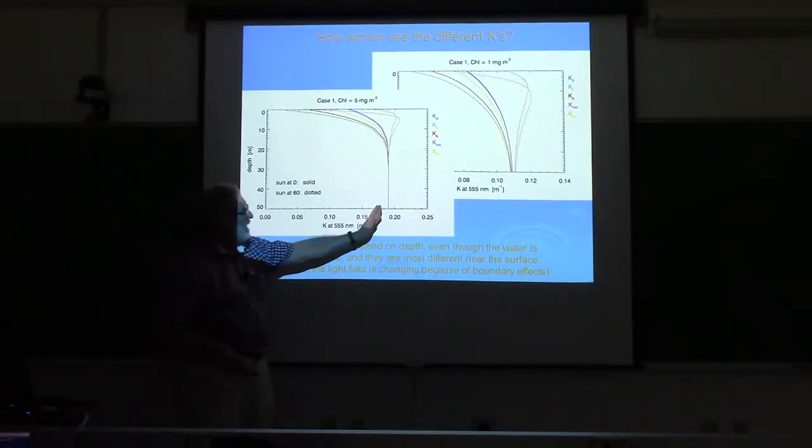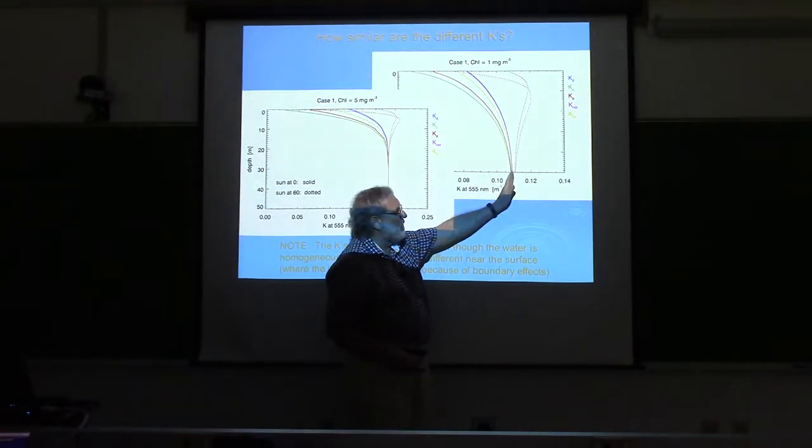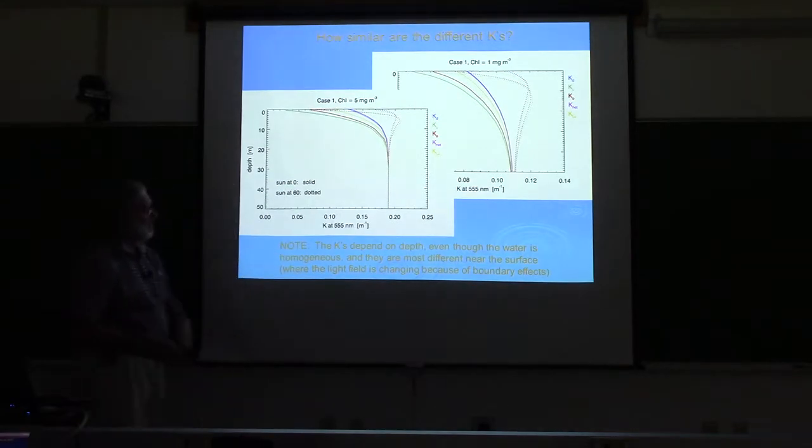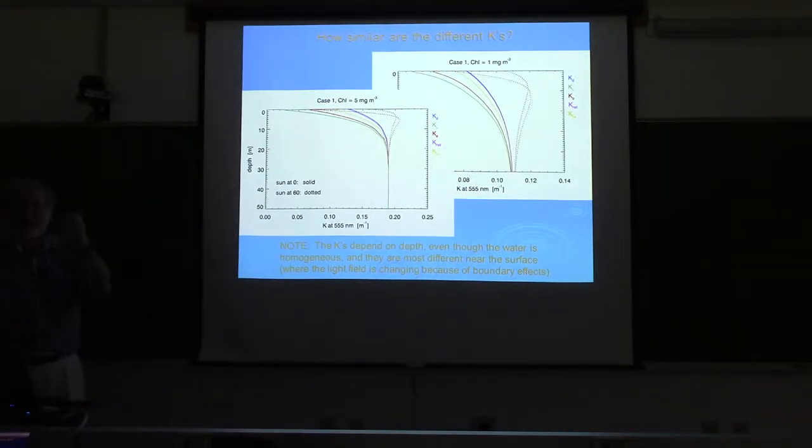So this value here or this value here are really determined only by the IOPs. A lot of people will try to use these things and just go deep enough to get away from the surface variability, come down to the values at say 20 or 30 meters, and then say, I now have something that's really determined by just IOPs, and I can maybe take this K value and relate it back to an IOP.